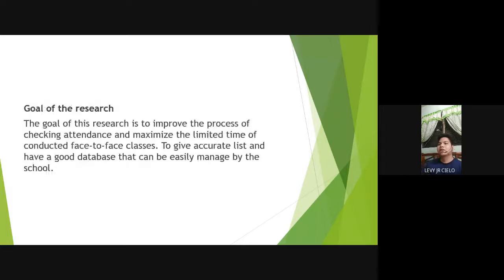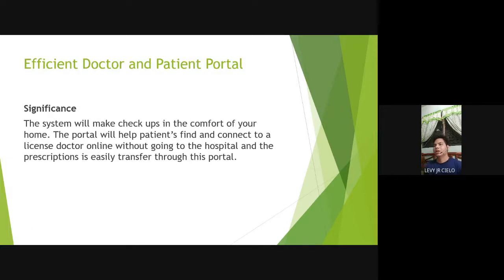The goal of the research is to improve the process of checking attendance and maximize the limited time of conducted face-to-face classes, to give accurate lists and have a good database that can be easily managed by the school.